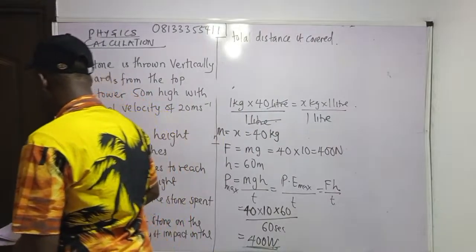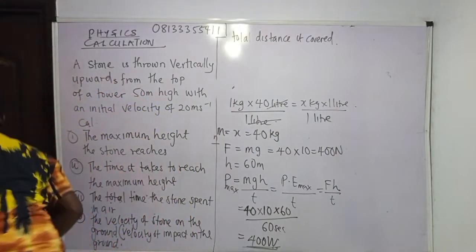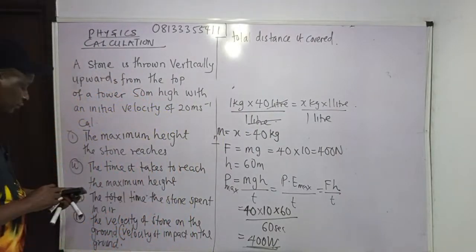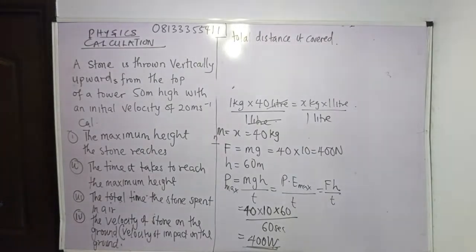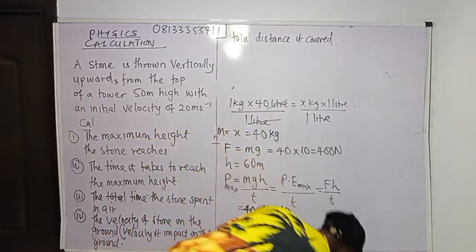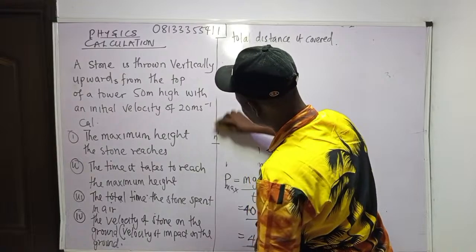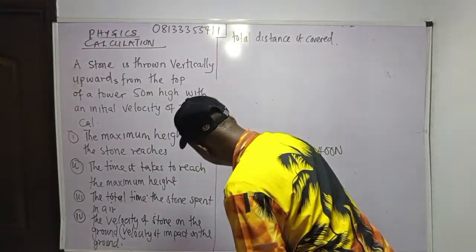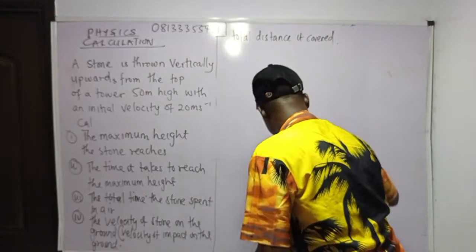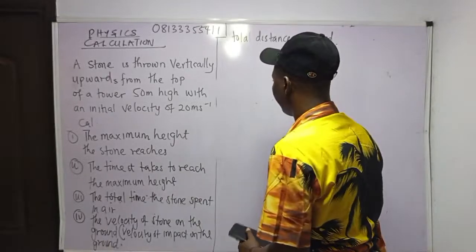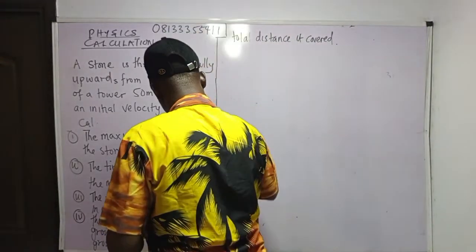So you have this particular question to solve. Since this question is actually projectile, and one of the things we discussed in our last class was part of it, that was the last live video on calculation in physics.